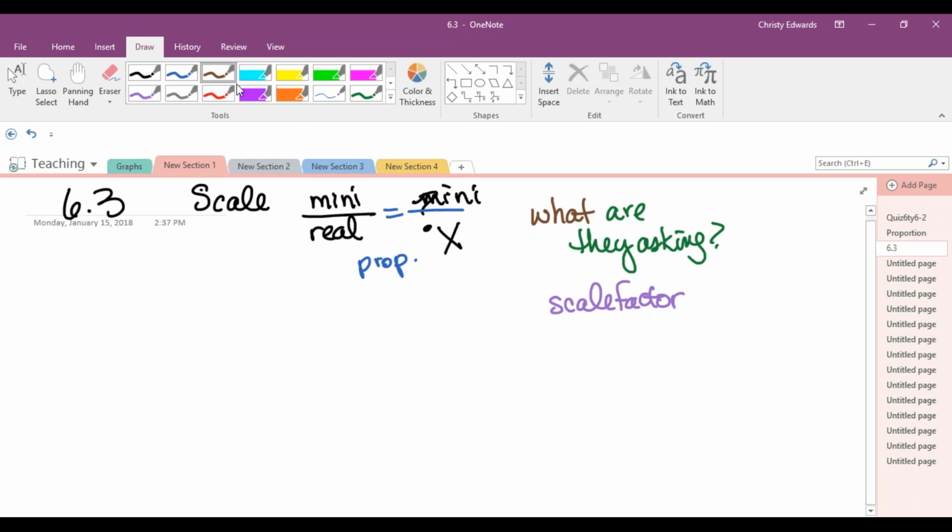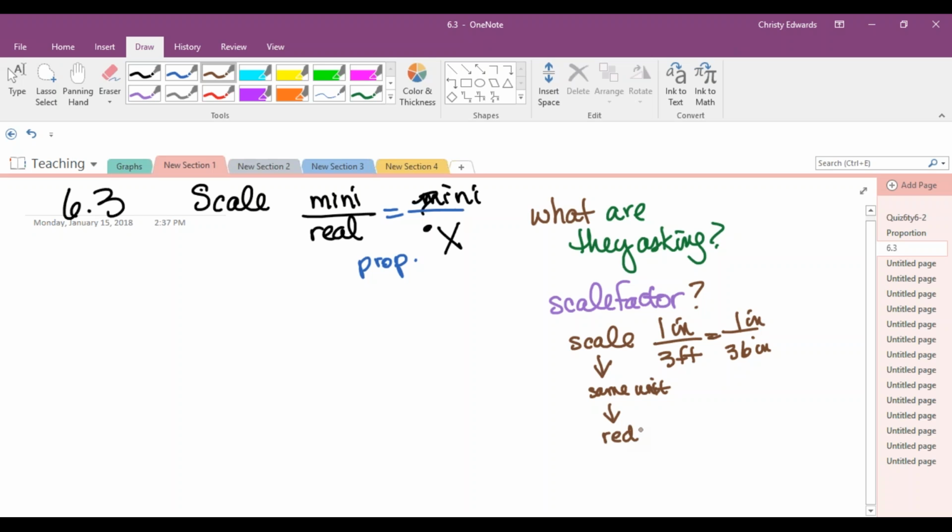And I talked about this in class, and some of you even took a screenshot, but the question of what's the scale factor means to just take the scale itself, like 1 inch is 3 feet, make everything into the same unit. 1 inch is 36 inches, and then reduce if you can.